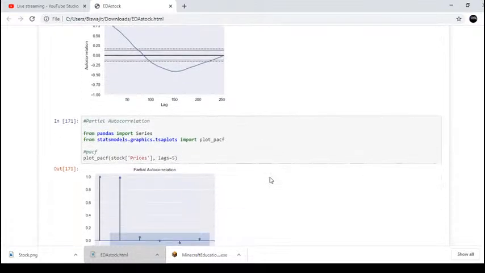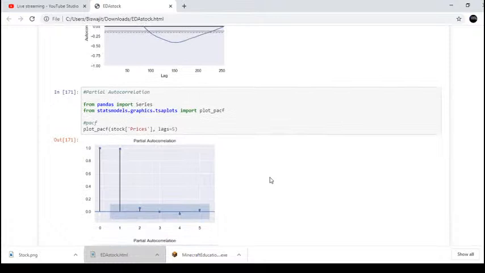And the next thing that we're going to see is the partial autocorrelation plot. It's very similar to the autocorrelation plot, but there is a subtle difference: you take out the intermediate lags between.